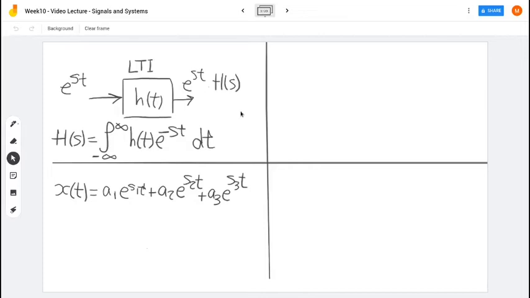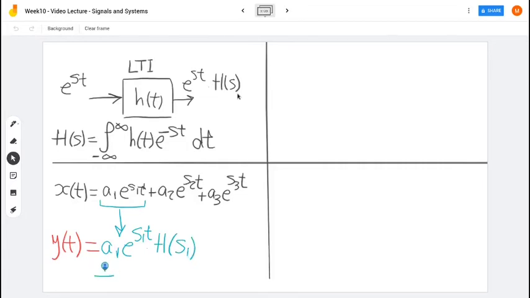So basically y(t) will be equal to, due to linearity, we can start dealing with each term separately. So a1 times e^(s1 t) will result in an output of this form. a1 is a constant, so e^(s1 t) will result in e^(s1 t) times H evaluated at s1.